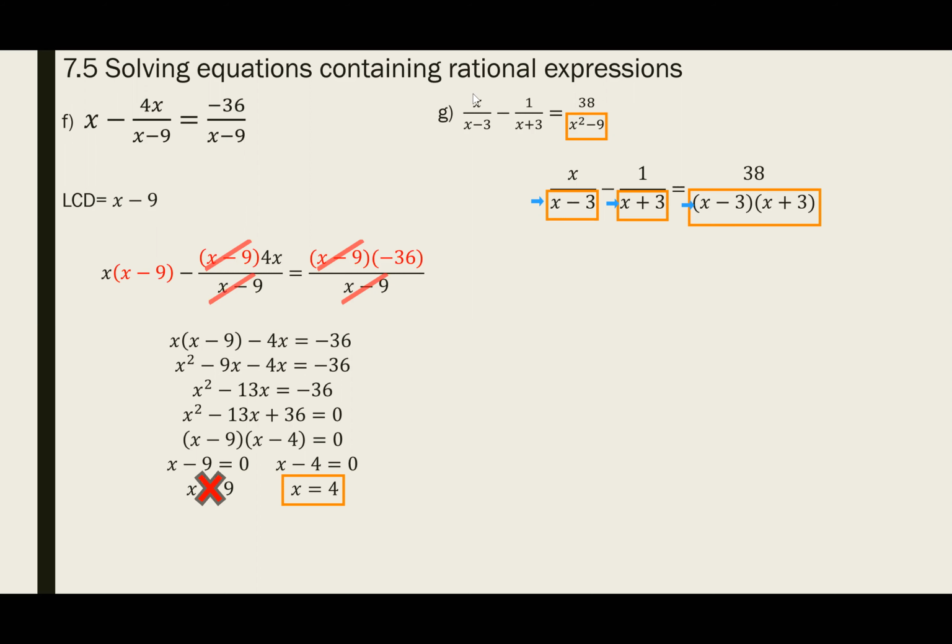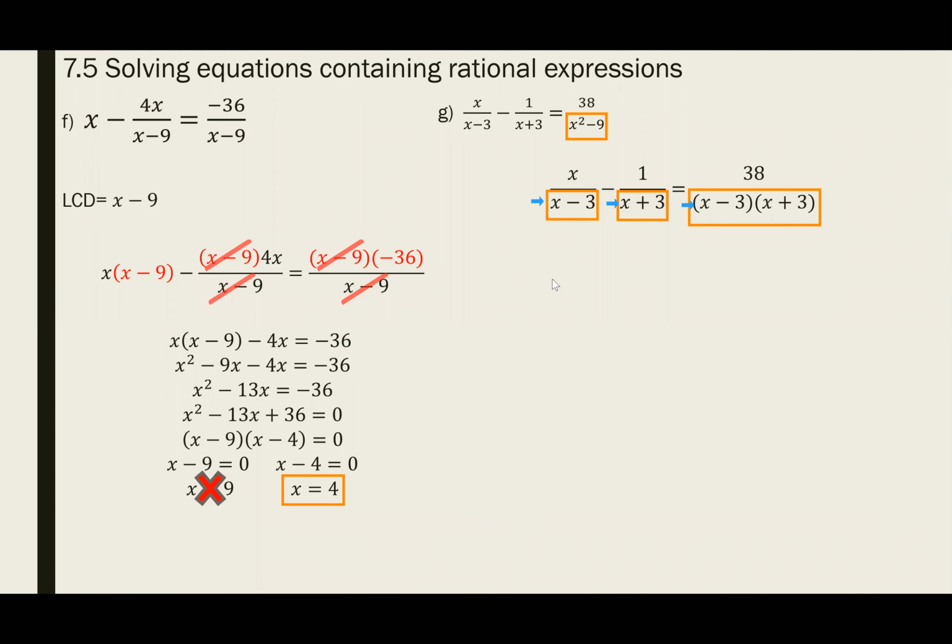Because this item is repeated at a different location, we use only one x minus 3, and only one x plus 3. So basically we put them together. If we double, we don't want to put double the item we need. So my LCD here, ladies and gentlemen, is x plus 3, x minus 3. That's your LCD.